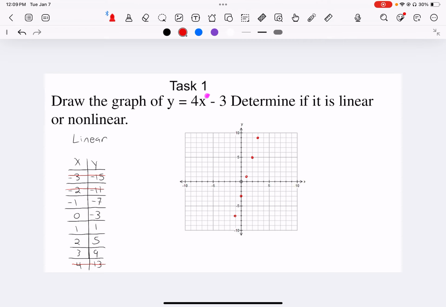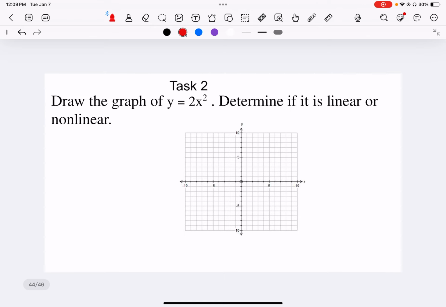And it makes sense that my graph looks like a straight line because I already determined that my graph would be linear. Since my graph continues, I'm going to draw an arrow on each end, and I'm going to label my graph with the equation y equals 4x minus 3.